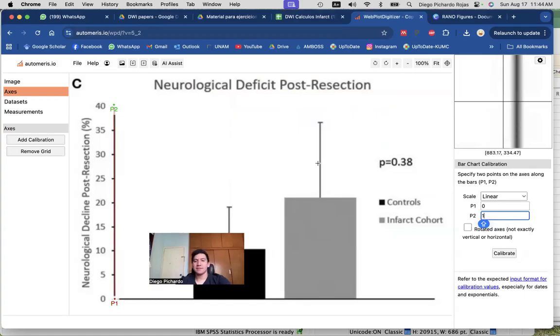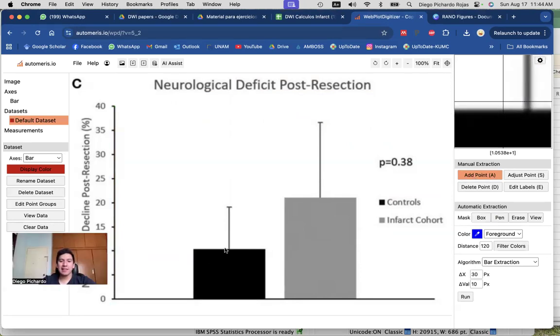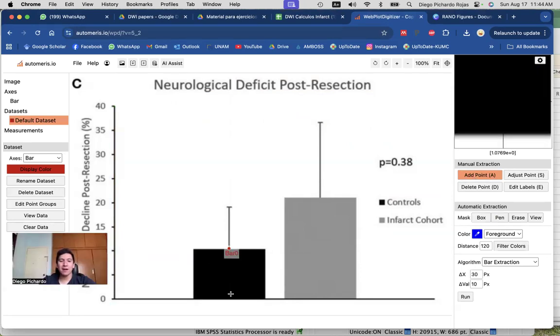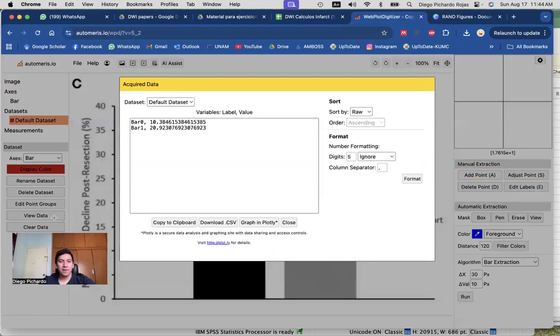And this is 40. Calibrate. And now we can just do rules of 3 because now we know how high these bars actually are.